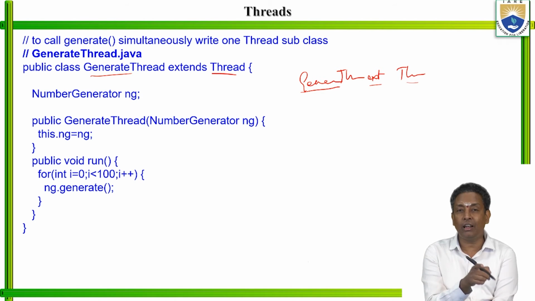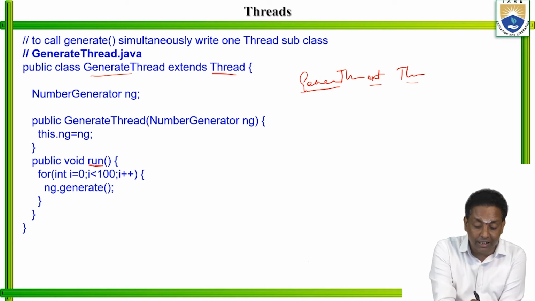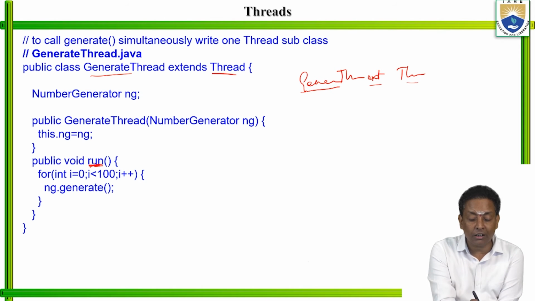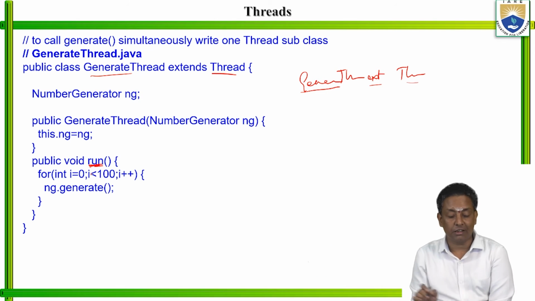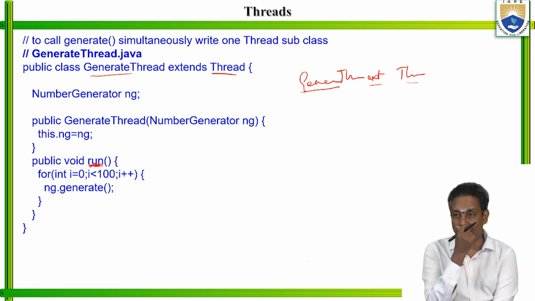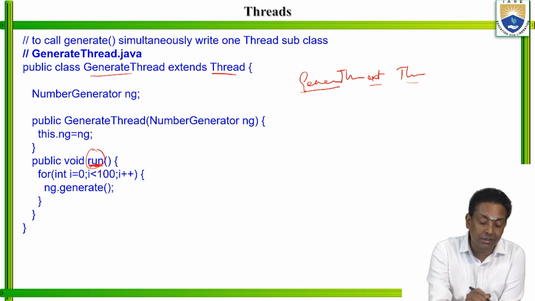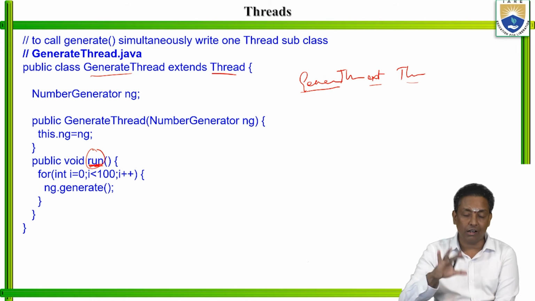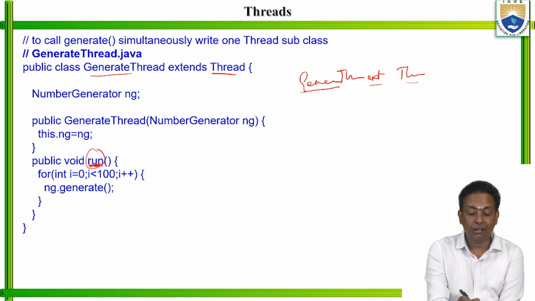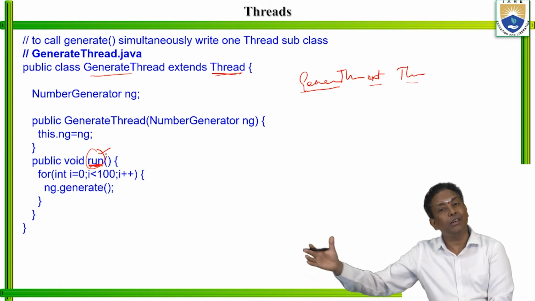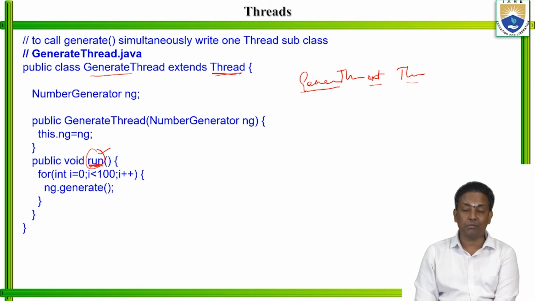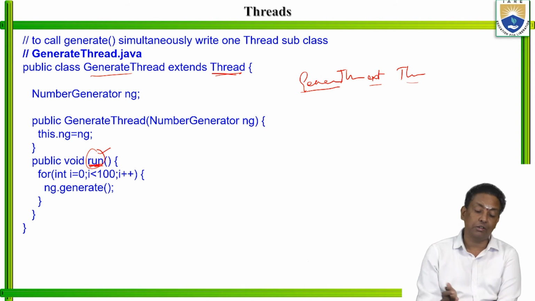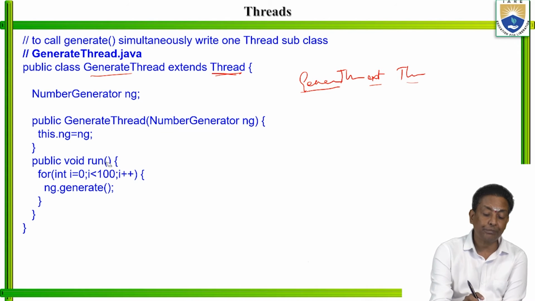The run method written in one thread class will run simultaneously with the run methods of other thread classes. Who runs that run method, and how the run method execution starts, I'll explain in the client program.